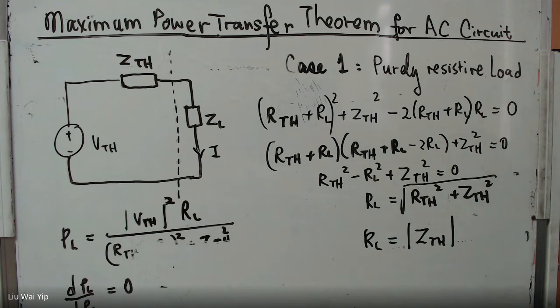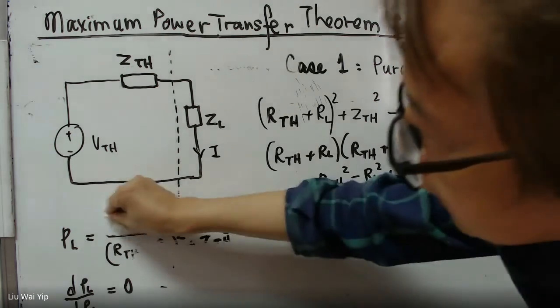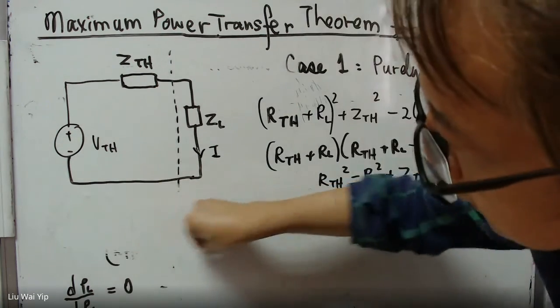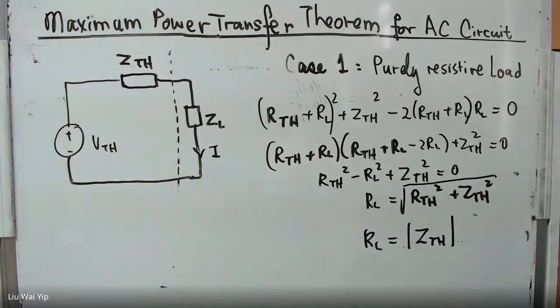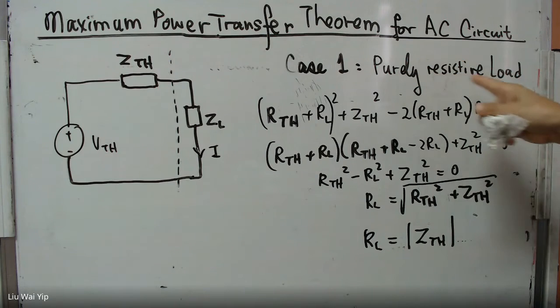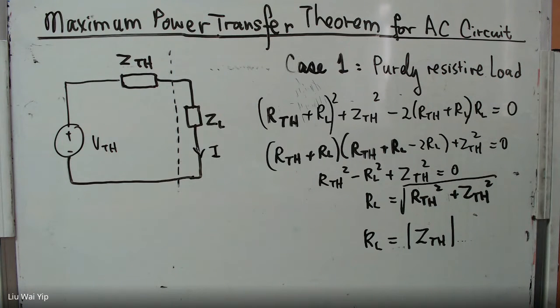So this is the so-called case one. Case one is purely resistive load. So we got this result and we saved it. And we are going to consider case two.